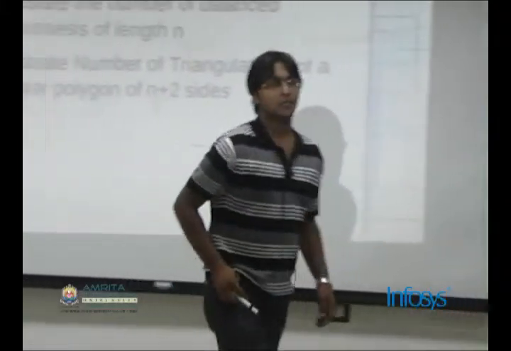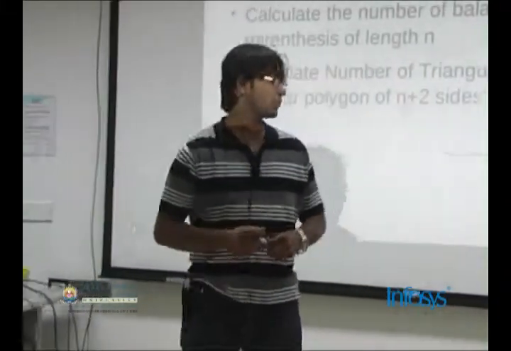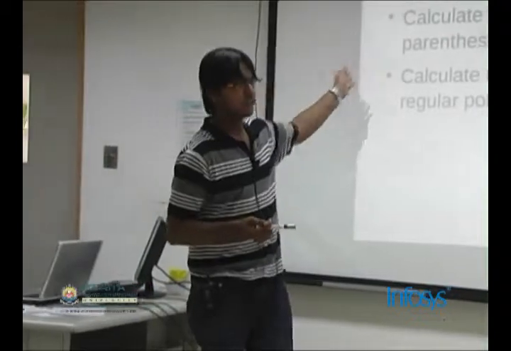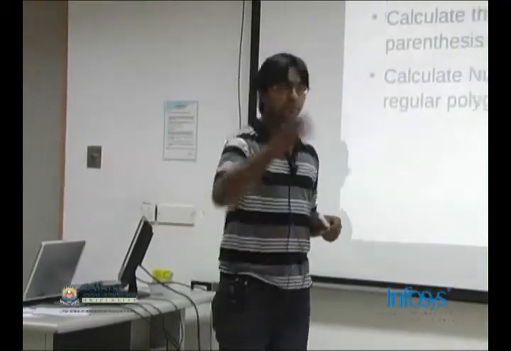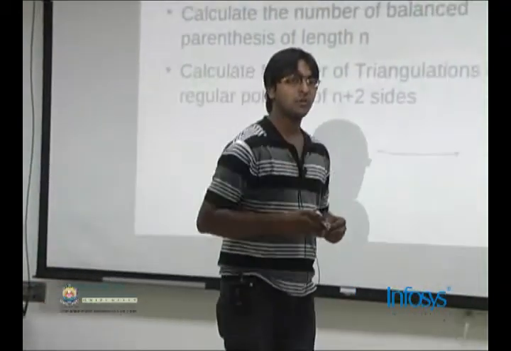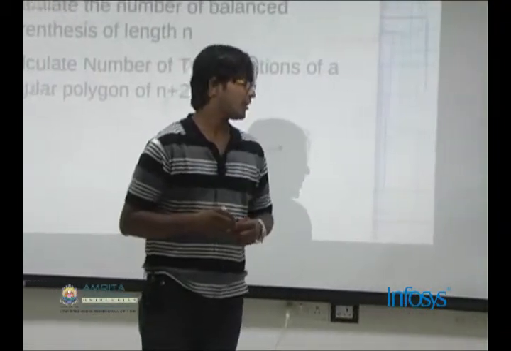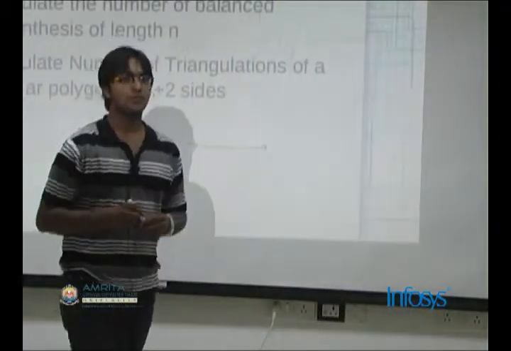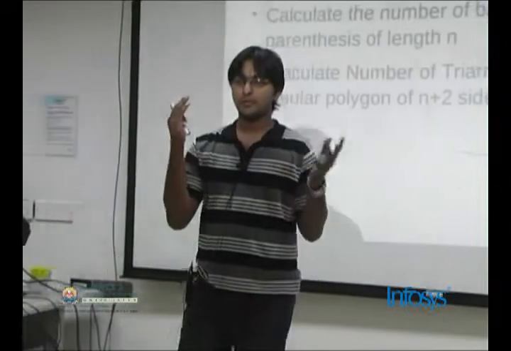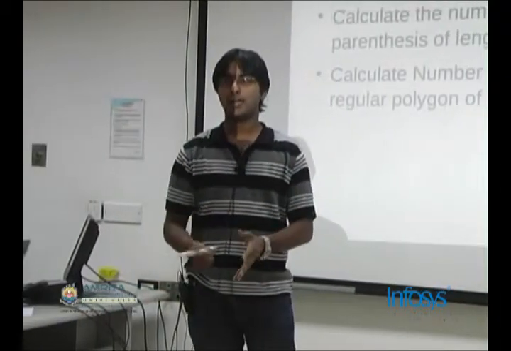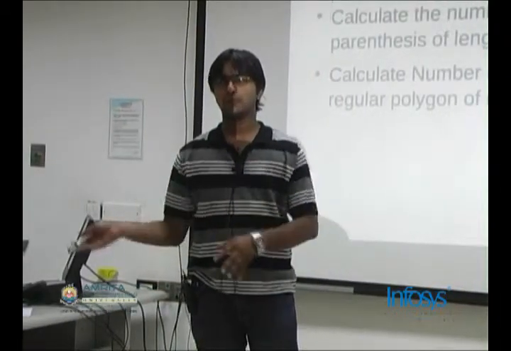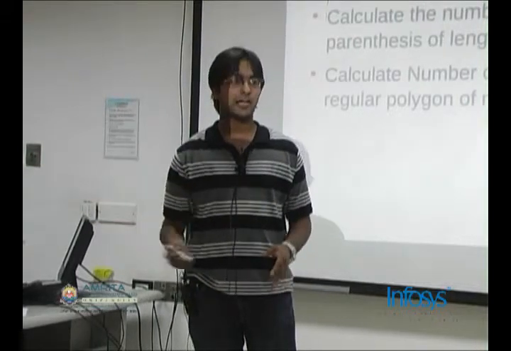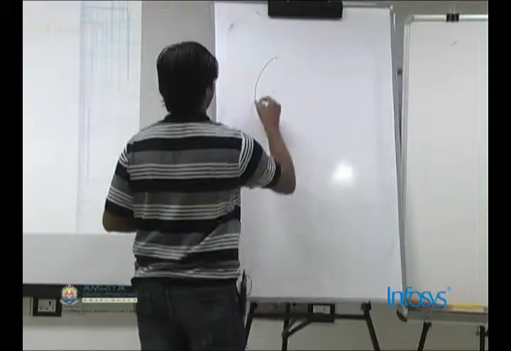This particular number is a solution of many problems, like I've enumerated three of them here. The fourth one this guy was discussing. So at times in a competition you have to figure out if a particular recurrence is coming out to be a Catalan number. You just don't waste time, just use the Catalan number and do the problem.